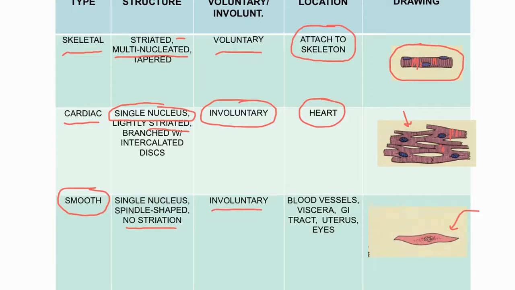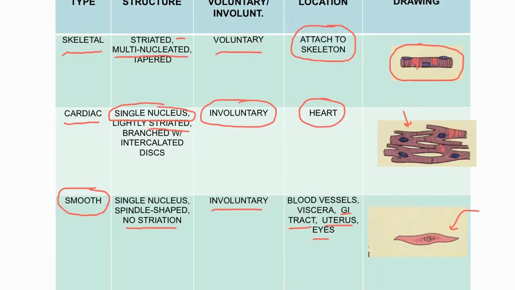These are mostly what line your GI tract, like inside your stomach and intestines, the muscles in your eyes, the uterus in females, and blood vessels. Those muscles can contract or expand, which influences blood pressure. In your stomach, the muscles churn the food to turn it into chyme, which we'll learn in the digestive system. These are muscles that are not under your voluntary control, usually the muscles inside your internal organs.